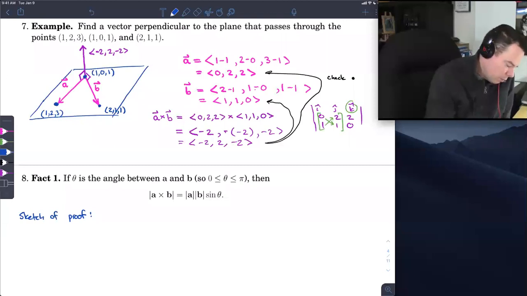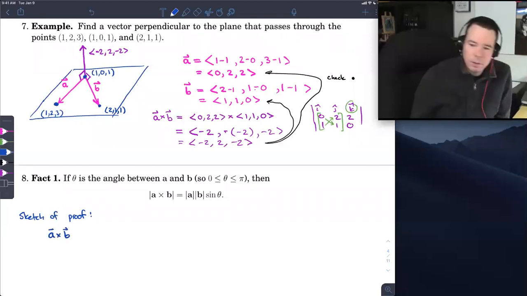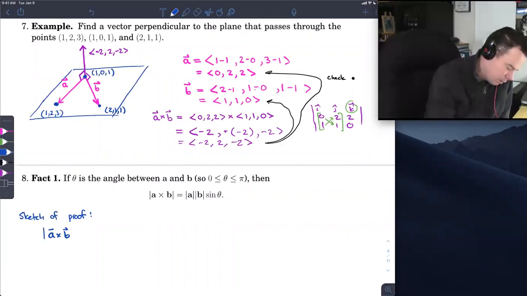So here's what we would do. We would take the cross product, which is the thing we're interested in. But in fact, we want to talk about the magnitude of this thing. We want to show that that's the magnitude of the two vectors times the sine of the angle between them. So I want to look at the magnitude of this.